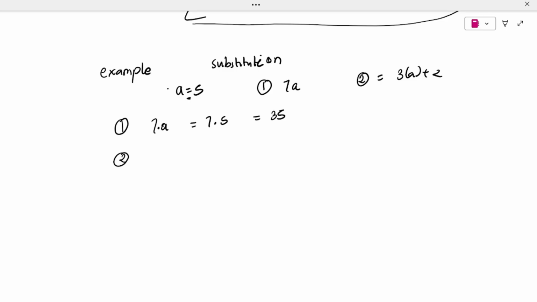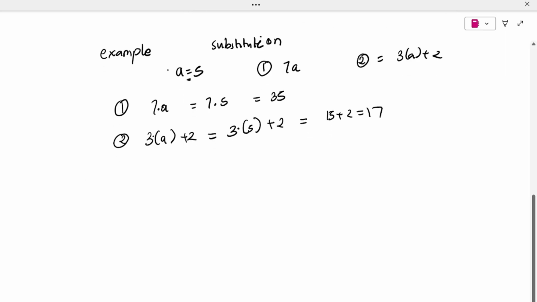And then the next question we have is 3 times a, there's a dot here, plus 2, which is equal to 3 times 5 plus 2, which is 3 times 5 is 15, plus 2, which is equal to 17.